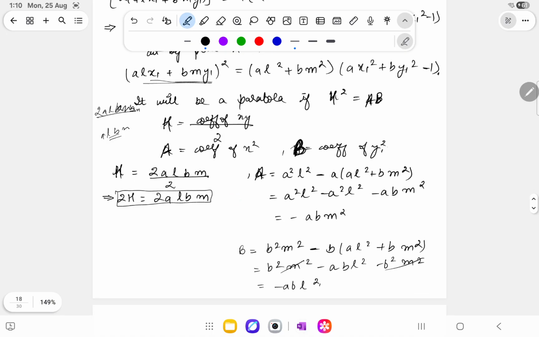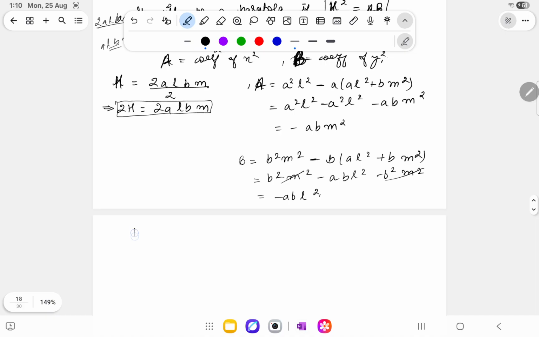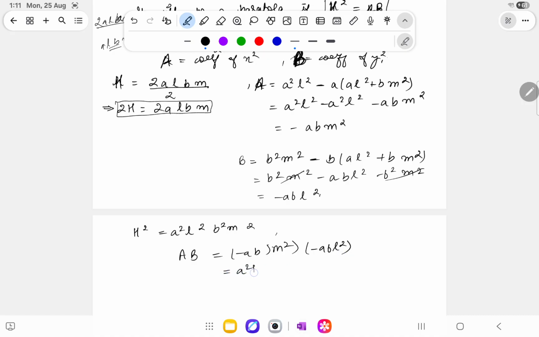Now I need to check if it satisfies this relation. H square is a square l square b square m square, and the product AB is minus abm square into minus abl square, which is a square b square l square m square.